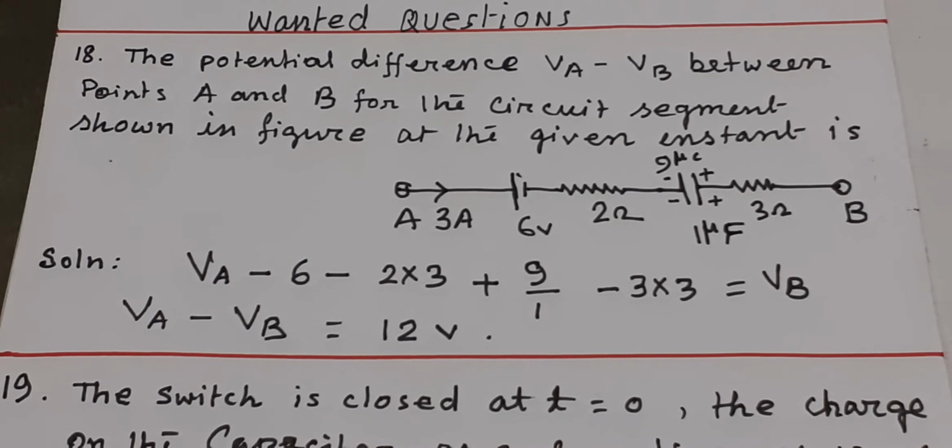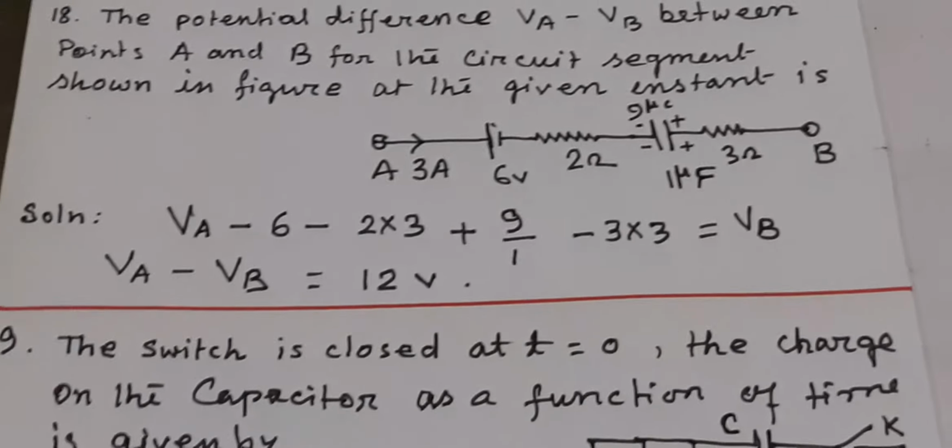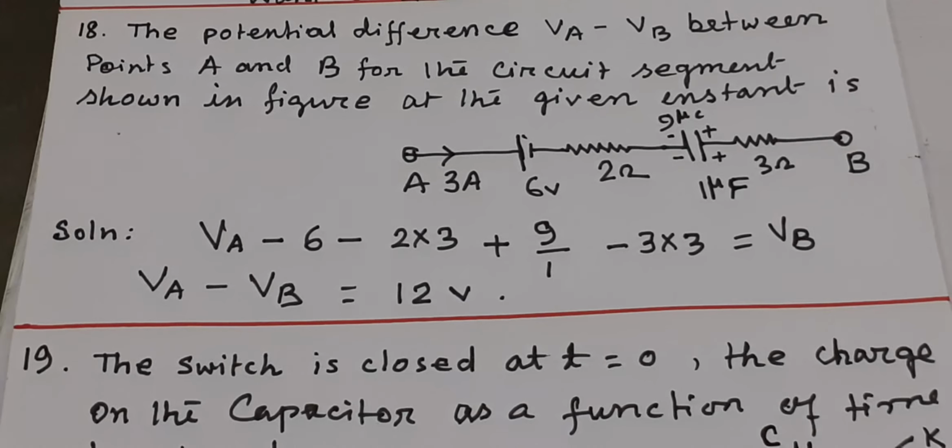Now come to question number 18. The potential difference VA minus VB between the points A and B for the circuit segment shown in the figure at the given instant is. Here, it shows point A, and on the right side point B, and there is a battery, then a 2 ohm resistance, then a capacitor.